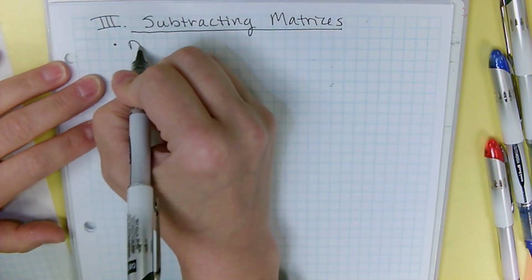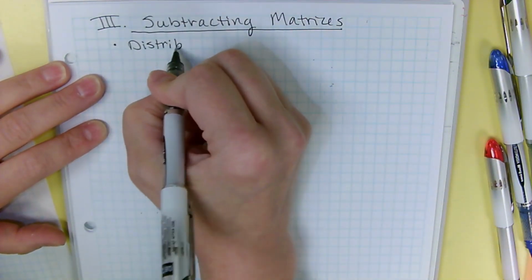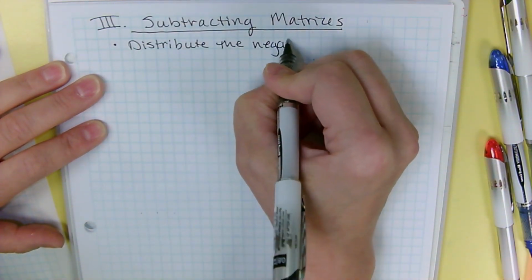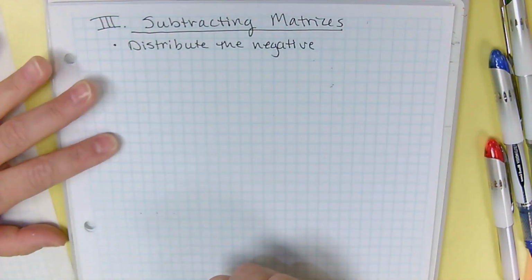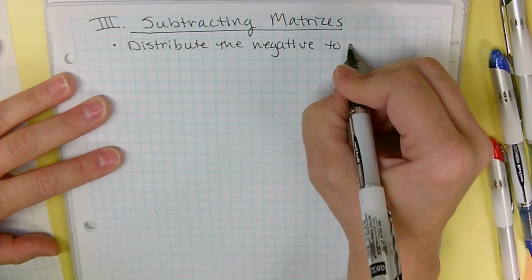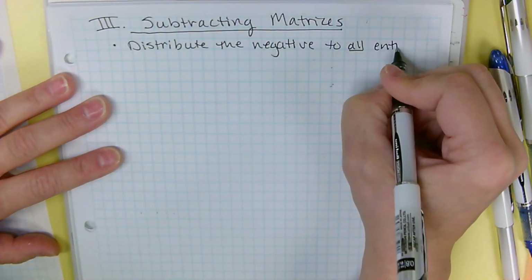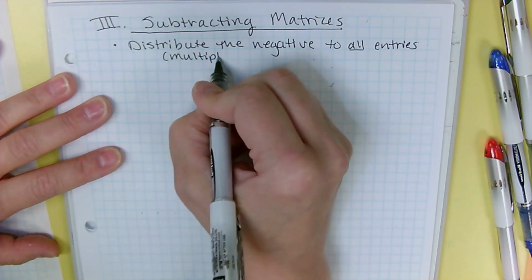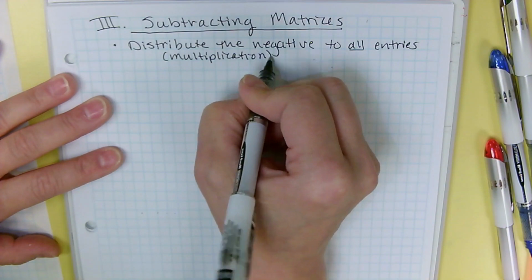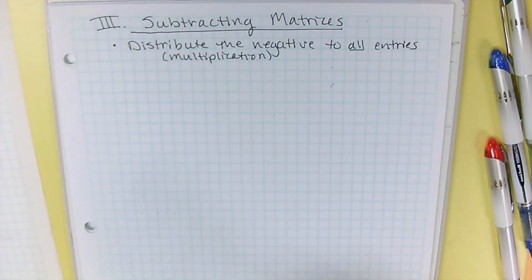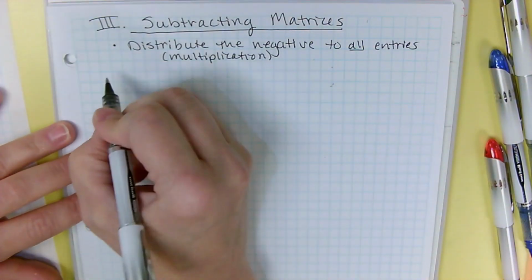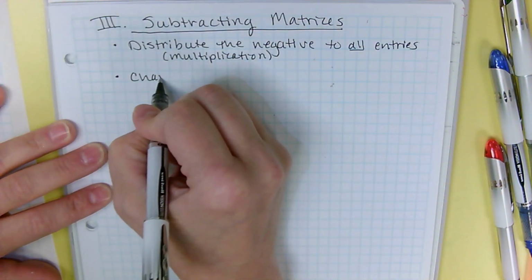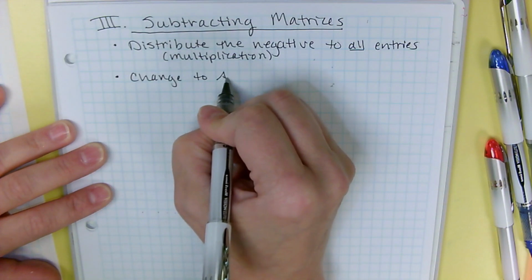And the pre-step is you're going to distribute the negative, which is also the subtraction symbol, to all entries. And this is a multiplication operation. So you're going to multiply everything by the negative, which will change all the signs. And then you're going to change the problem to addition.